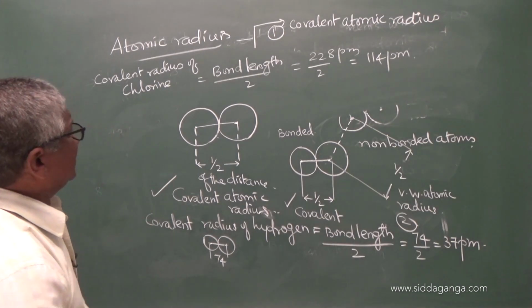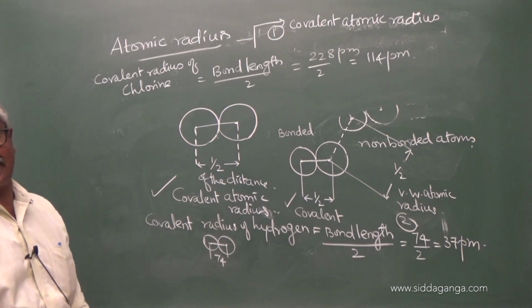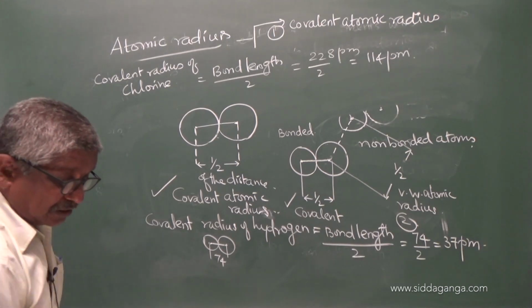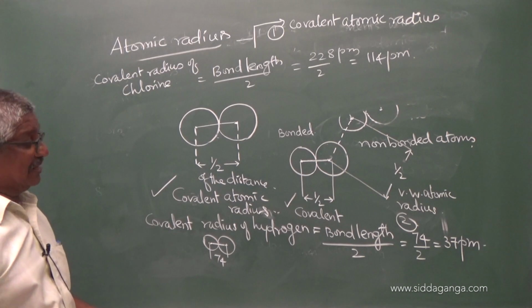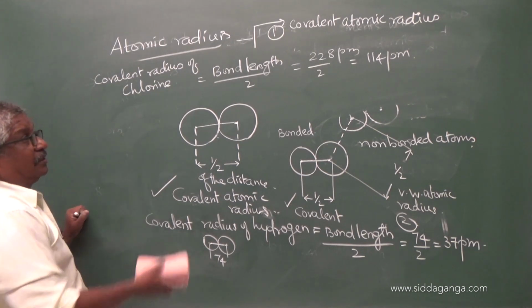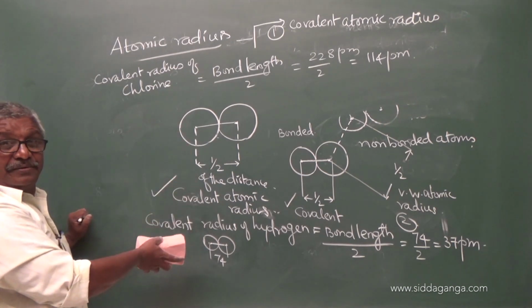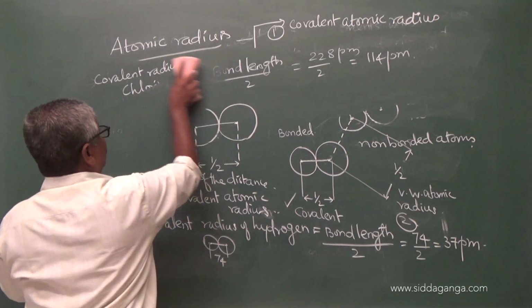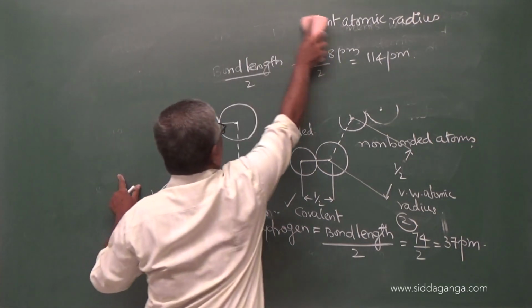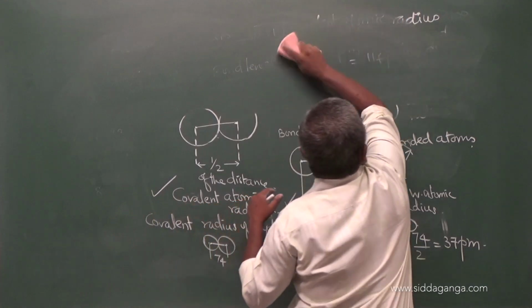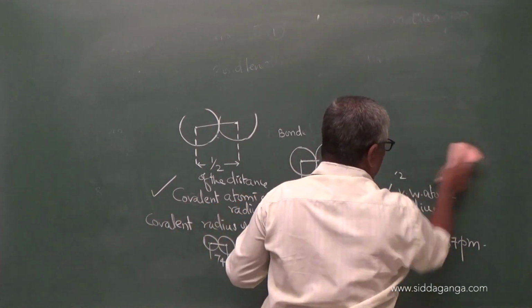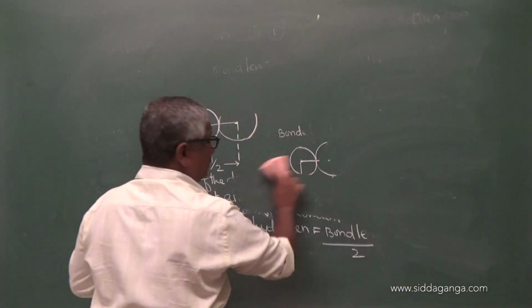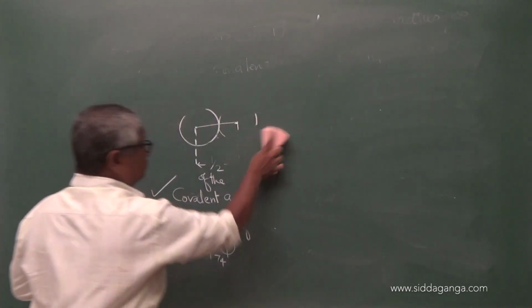Then what is called the metallic radius? So note this, and we'll go further. A small definition for the metallic radius. Suppose copper is available. If copper and copper are connected, it is bonded.